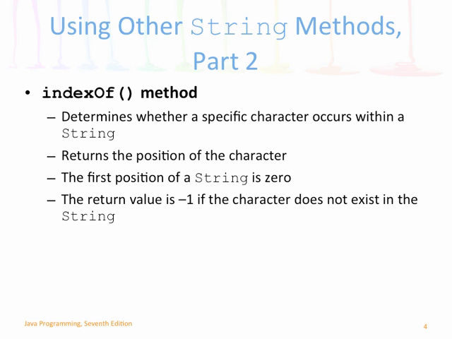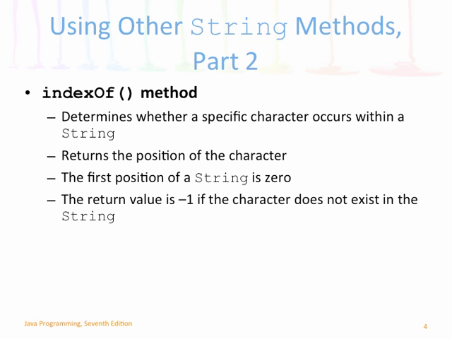So the first character in the string is at index 0, the second character is at index 1, and so on. So think about it. Length returns how many characters there are. So can we look for indexOf and supply it length? No, because that's one more than the index of the last character in the string. Because we start counting at 0, length will always be one more than the index of the last character in the string.